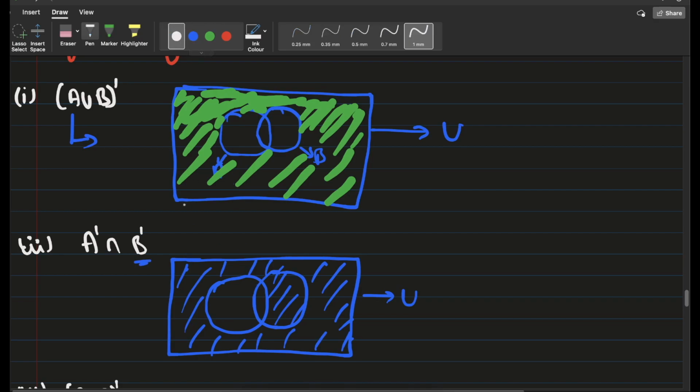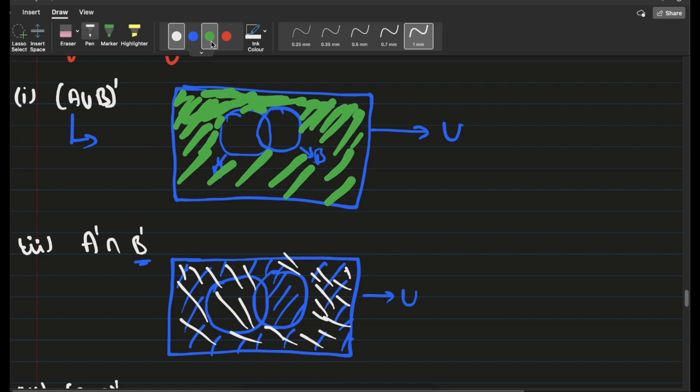Let's mark it with another color, white. This is B complement, which is not present in B but present in our universal set. Now what is the intersection of A complement and B complement? Let's mark it with green. Common to both areas is this part.